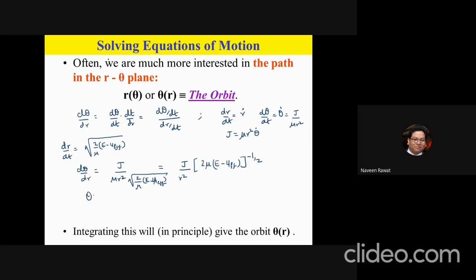So I can find θ now if I integrate this dθ. It will be again the integral of this function, which will be J by r². Let me write it clearly.